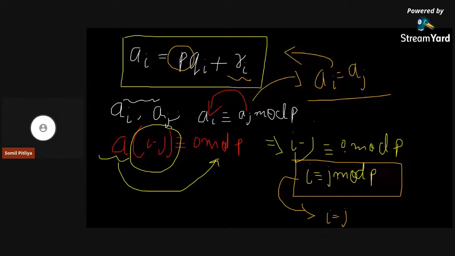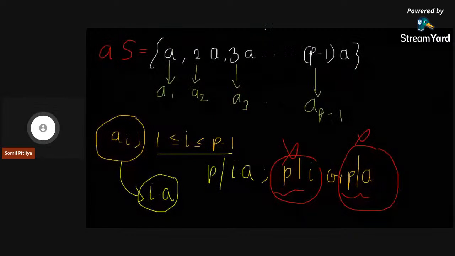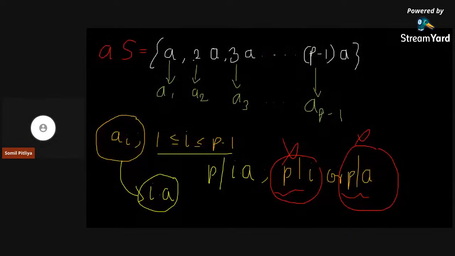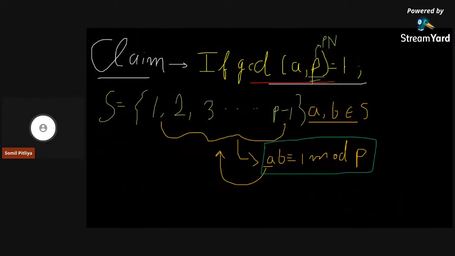So I can say that all AI, that is A, 2A, 3A till (P minus 1) times A, will give different remainders upon dividing by P. But those remainders will be from set S only, because upon dividing by P, the remainders can be 1, 2, 3, or P minus 1.